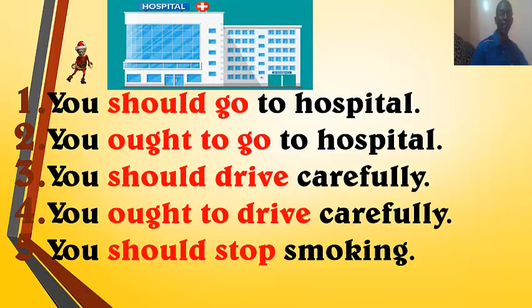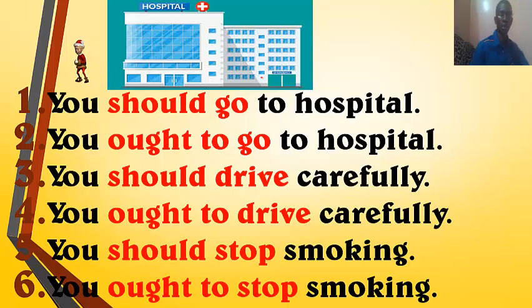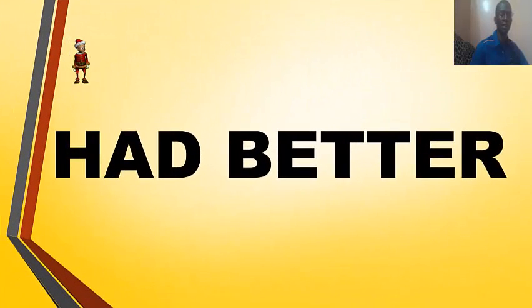Tu devrais arrêter de fumer. You ought to stop smoking. Tu devrais arrêter de fumer. So you see, should and ought to also are expressions that we use to give advice in English, different from the verb to advise. Come on, another expression, had better.